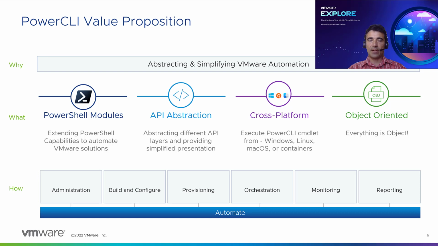It also abstracts the differences between the APIs, so it gives a consistent look and feel across the different VMware products and across the different APIs that they have. And in most of the cases, it also gives you a much simplified way to call the APIs without having to specify all the complex API objects and all the complex API specs.